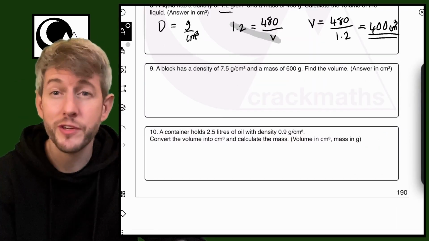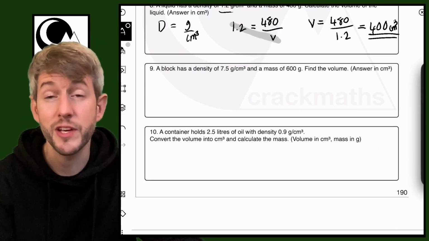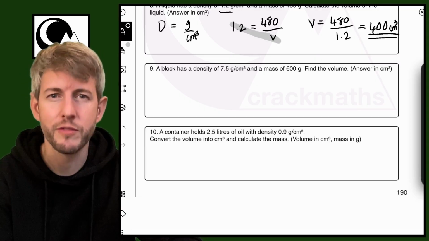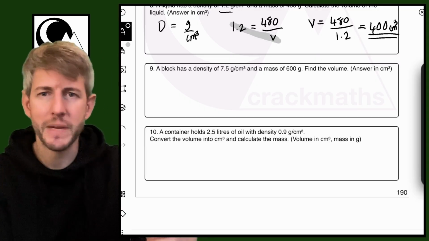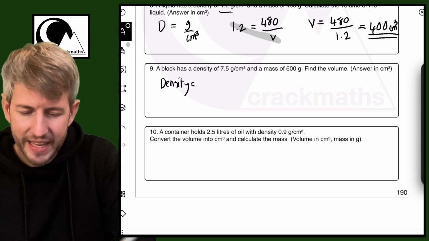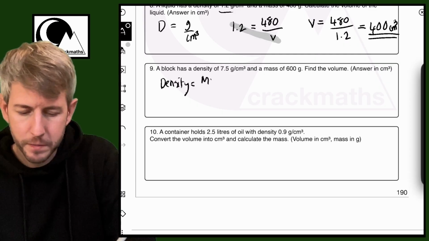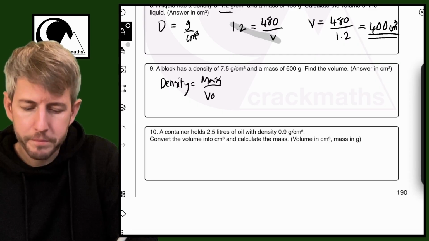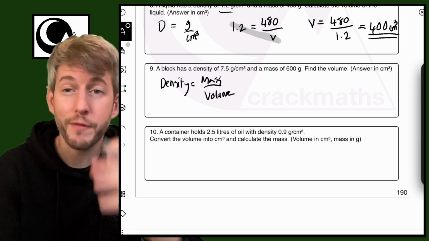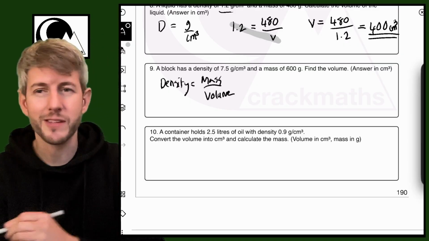Right, let's have a look at question 9. Question 9 says, a block has a density of 7.5 grams per centimetre cubed and a mass of 600 grams. Find the volume. So we've got the density equals the mass over the volume. Remember, I'm only remembering this because of this unit thing, because of the grams per centimetre cubed.